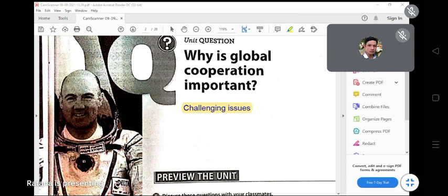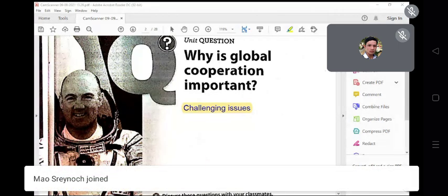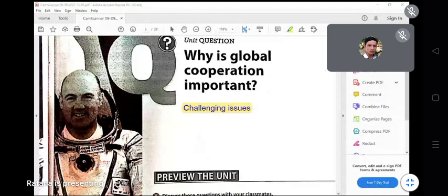Number one, every country has to work together. It means they have some level of cooperation, even if they are enemies. For example, between China and the USA, they challenge and confront each other, but they have some kinds of cooperation even though they have problems.